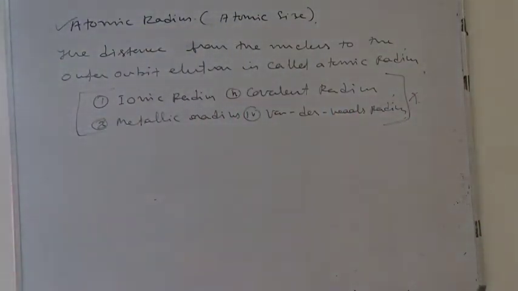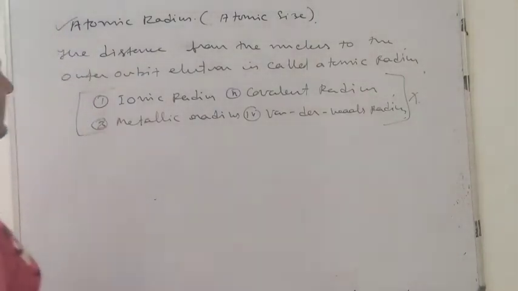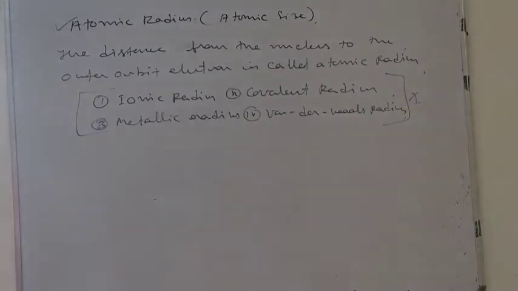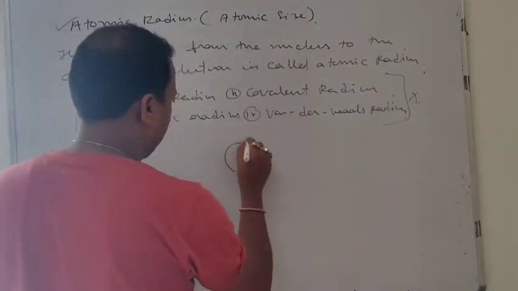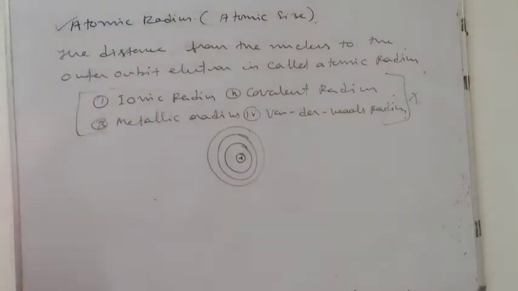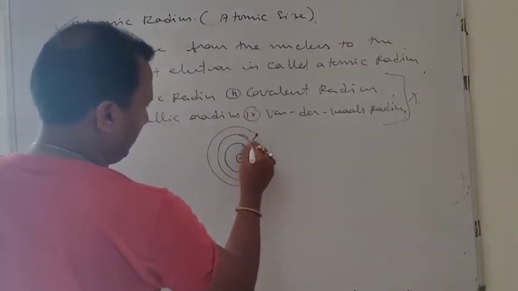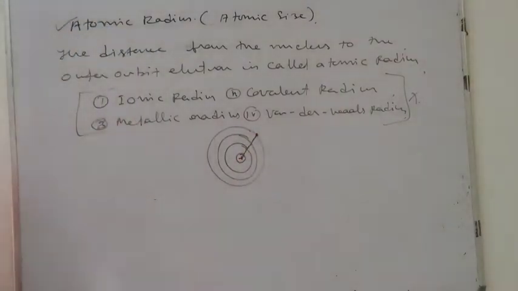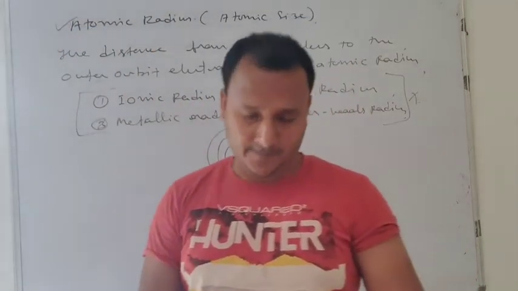Just simply the distance from the nucleus to the outermost orbit electron is called atomic radius. That is required. That means if there is a nucleus and, say, 3 orbits are present in the atom, then the distance to the last orbit electron is known as atomic radius, and on the basis of that, atomic size is measured.